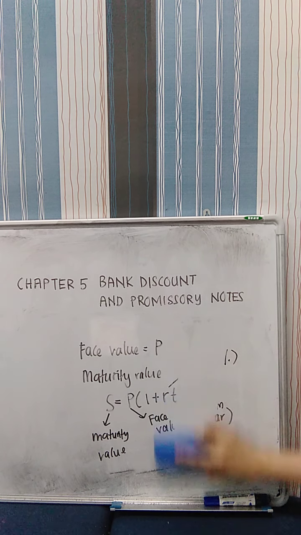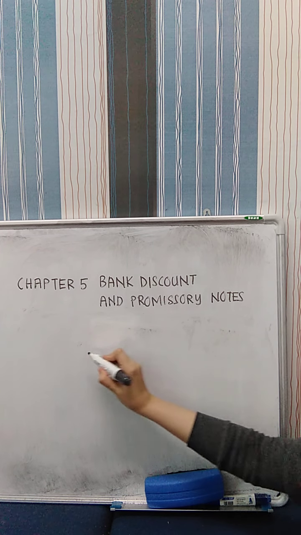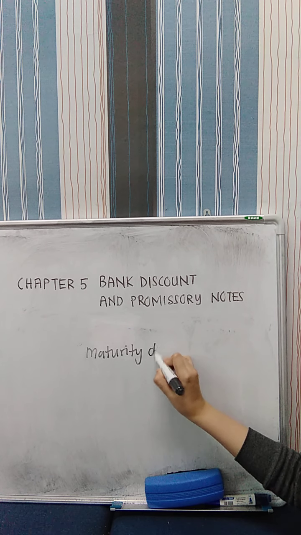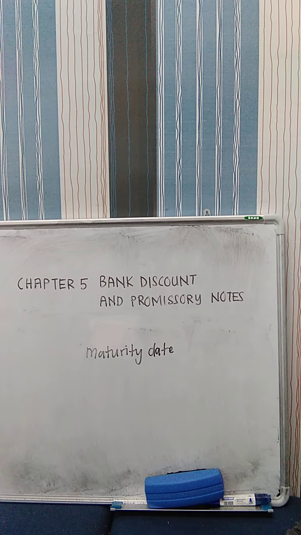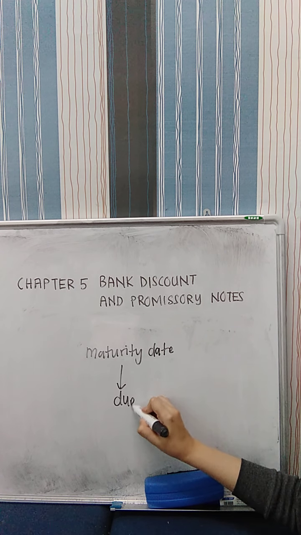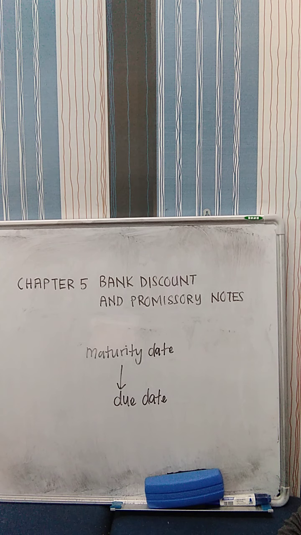And the last term for the promissory note is maturity date. Maturity date means the date on which the maturity value is due. Maturity date is due date. The simple word is due date. For example, you want to borrow money for 1 year.